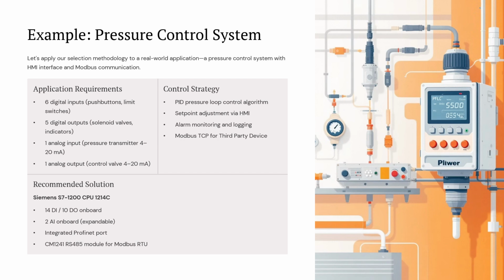Always we have to prefer Ethernet CPUs for easy communication. Always we have to use standard and reliable brands like Siemens, Rockwell, Schneider, Omron, Mitsubishi. And also we have to consider our power supply and environmental condition.